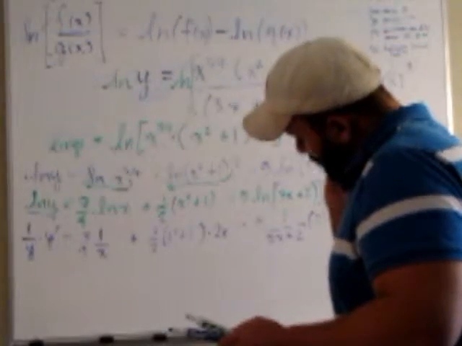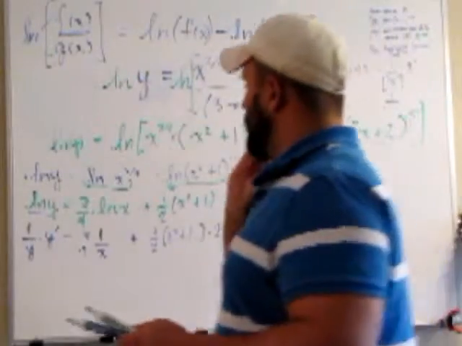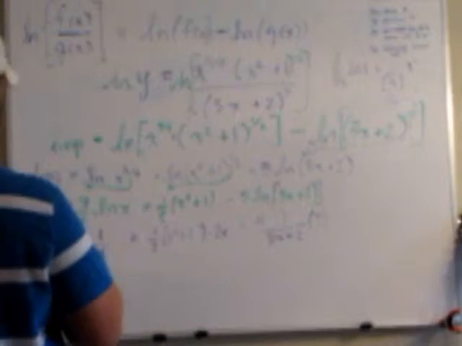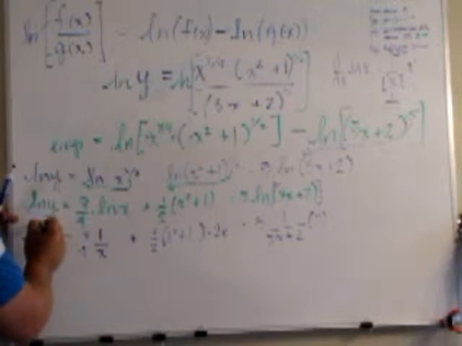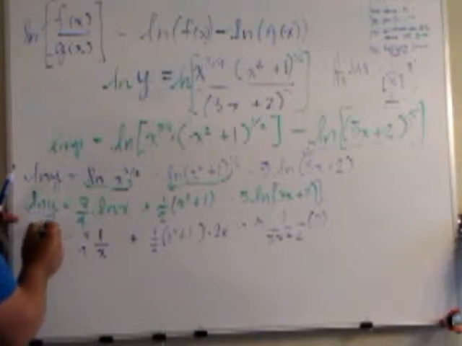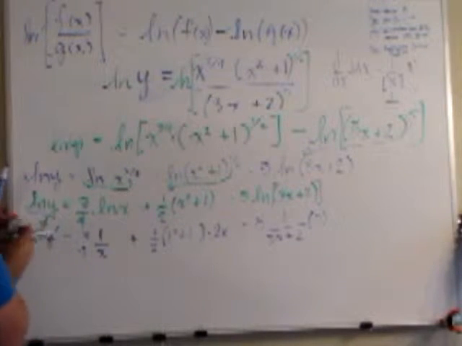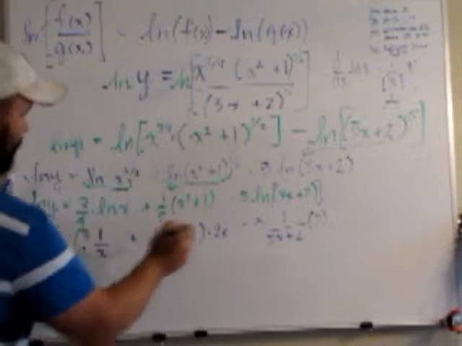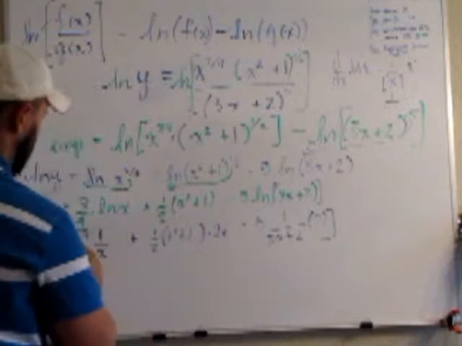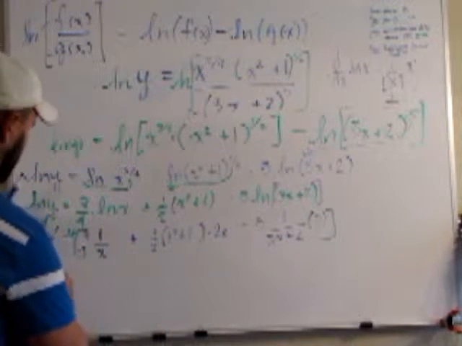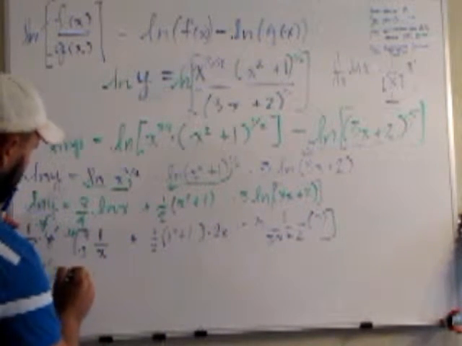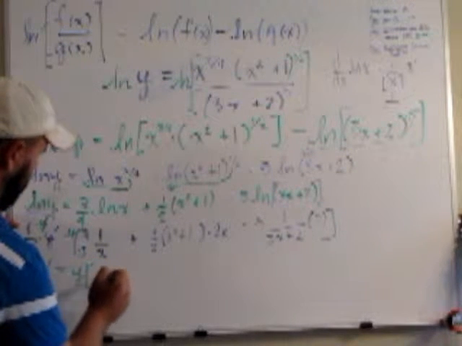Now we can do some simplification. We can multiply both sides by y to get rid of the y on this side. So y prime equals y times all of this.